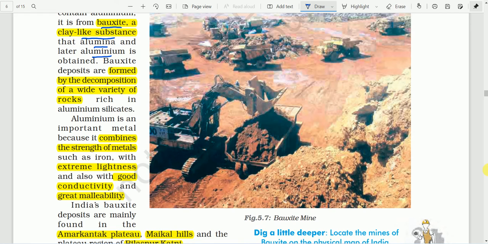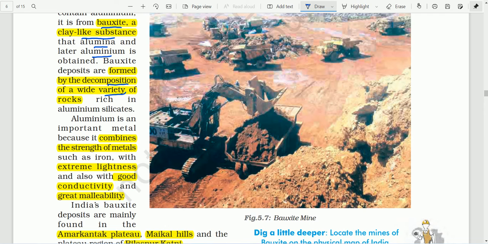Bauxite deposits are formed by decomposition of a variety of rocks, chemical decomposition. Last time also we learned about the occurrence of minerals. Bauxite deposits are formed by decomposition of rocks rich in aluminum silicates.